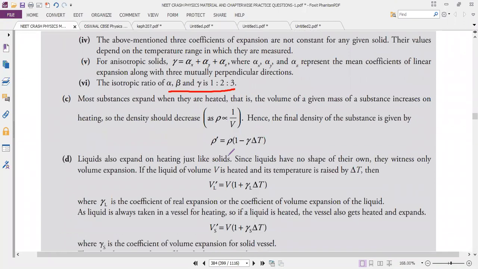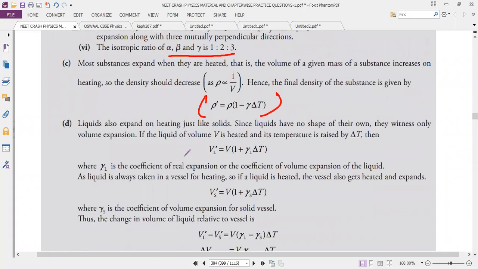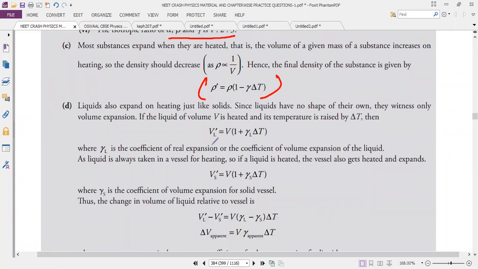So this is related to density formula, the change in density. It is a liquid expansion.